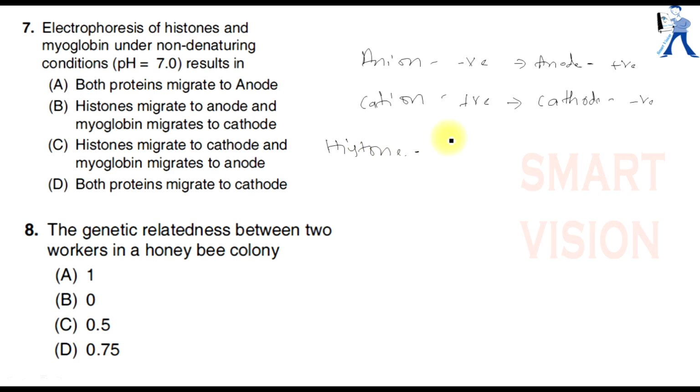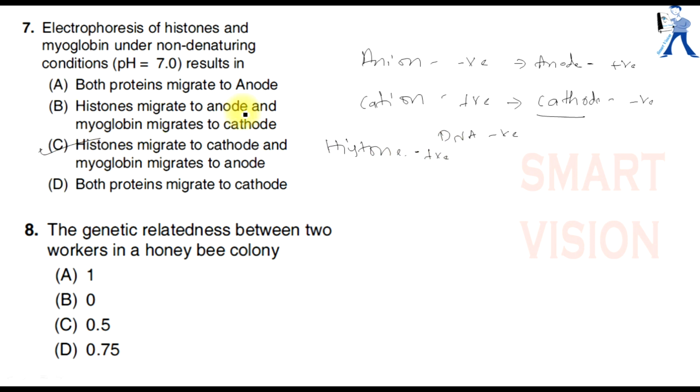If DNA is negatively charged, we can consider histones as positively charged, right? If it is a positively charged protein, it will move towards the cathode. So histones migrate to the cathode. One sentence is satisfying, option C.